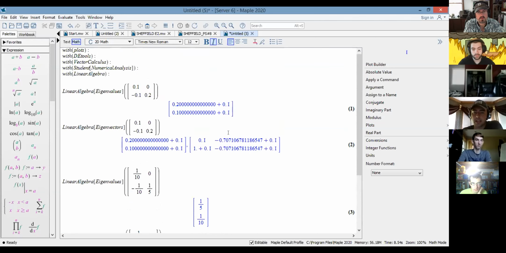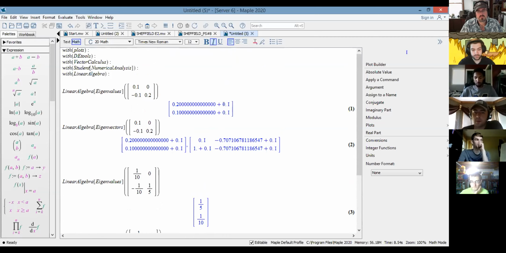And then the second one we tried, we did it with the decimals that we were supposed to. Since it only went to one place past the decimal, it returned large decimal numbers, because it was accounting for the lack of precision in the numbers we had in the matrix.